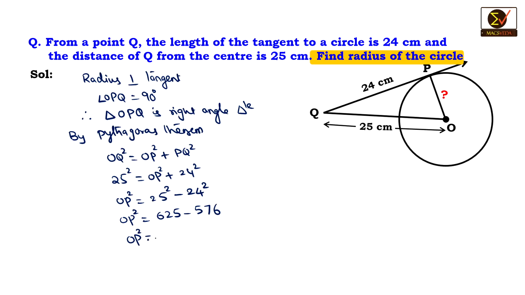Upon simplification, 625 minus 576 is 49. So what is the value of OP? Under root 49, that is 7 centimeters.